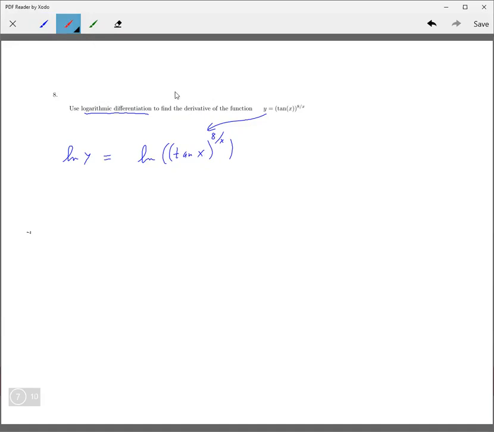Okay, now we can use the property here. This piece, the power property, this piece goes out in front. So we have 8 over x times the natural log of the tangent x.